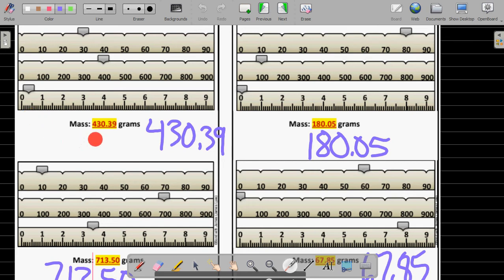So that would be 430.39. All right, over here, you've got the 100, the 80, and it's a little more than 0, but it's not quite 1. So 180.05. Okay. Everybody should at least be able to get the 180.